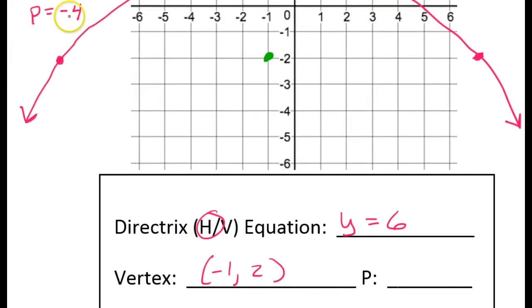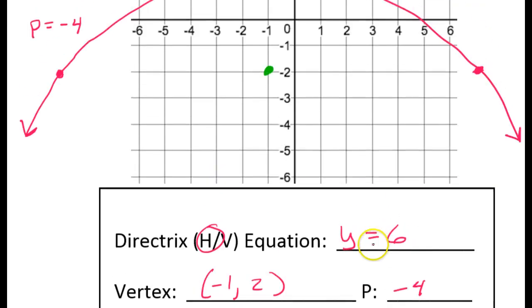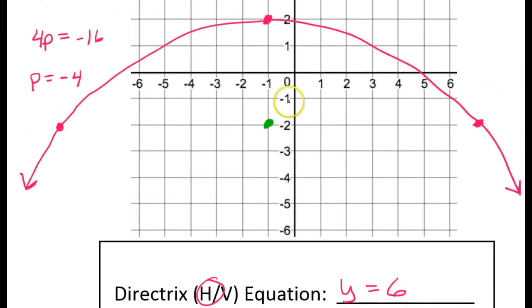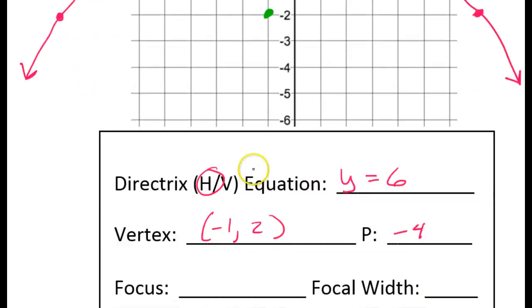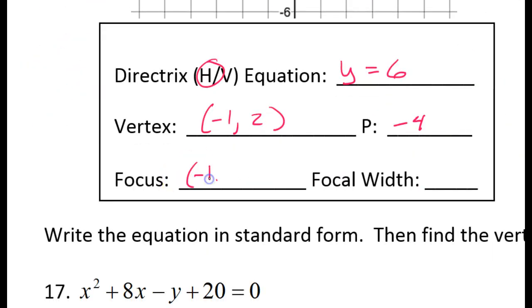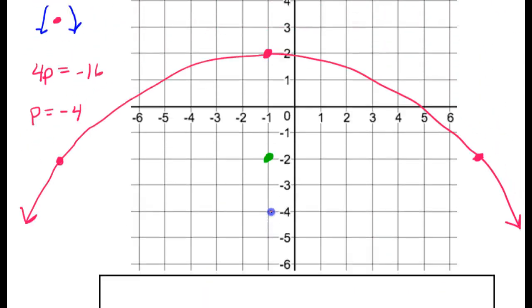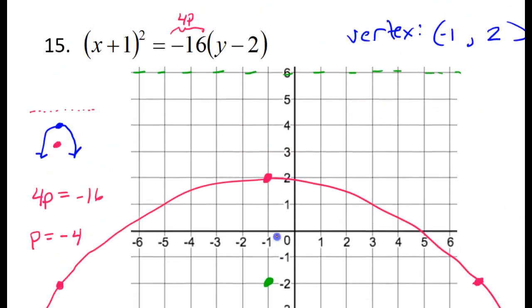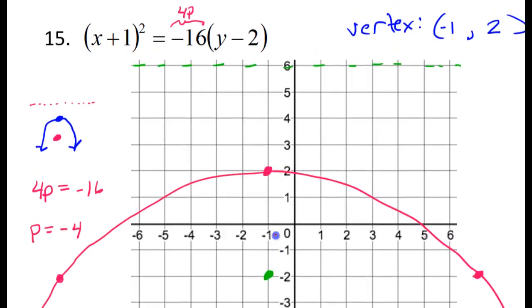The p-value we discovered to be -4. The focus. So the focus is right here. This is the point -1, -2. And the focal width was 16. Alright, so that'll be it for problem number 15.